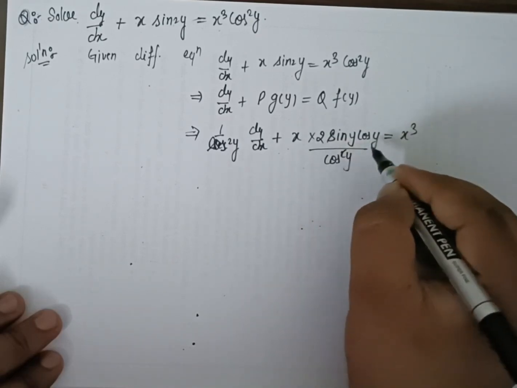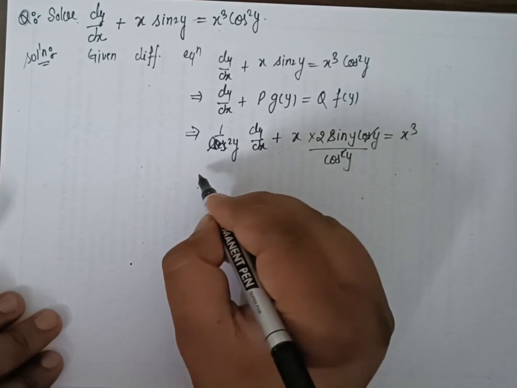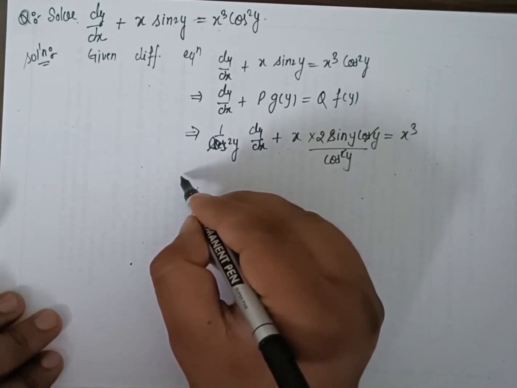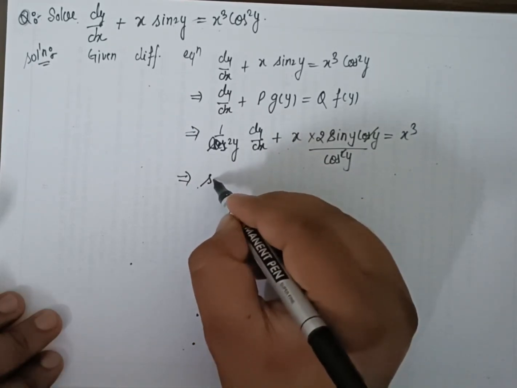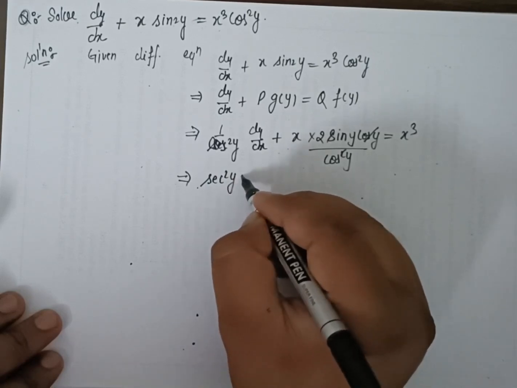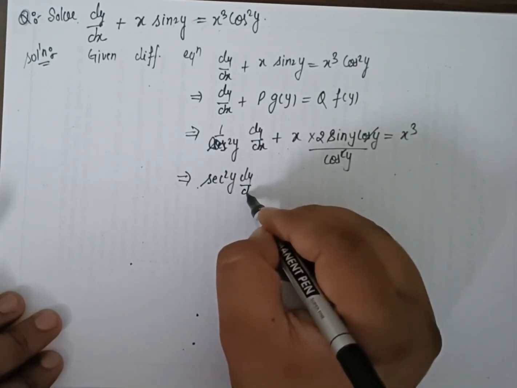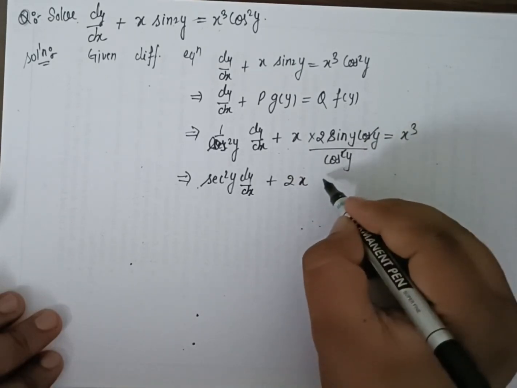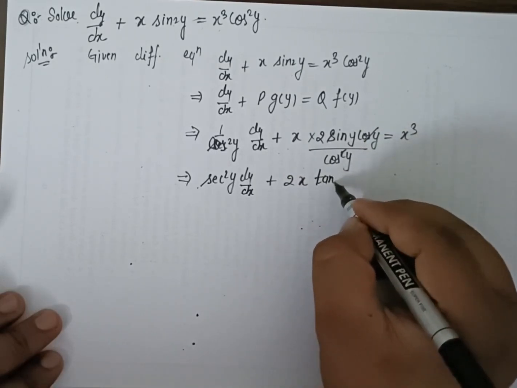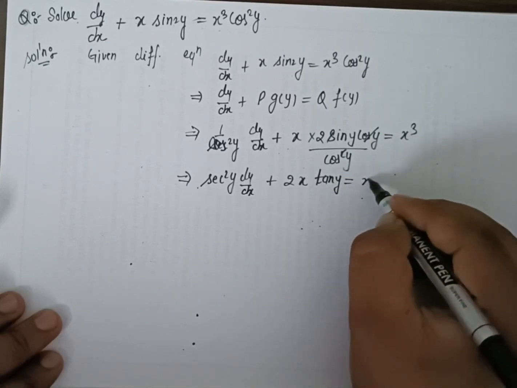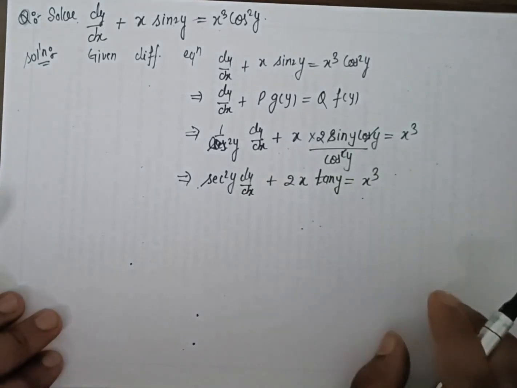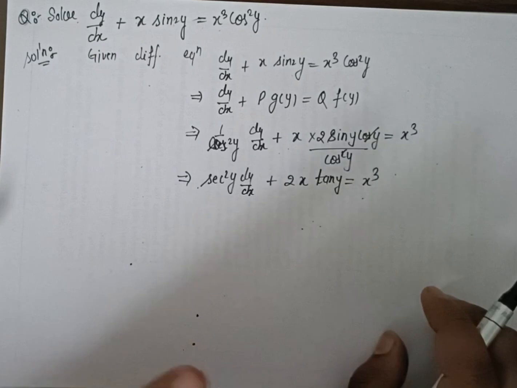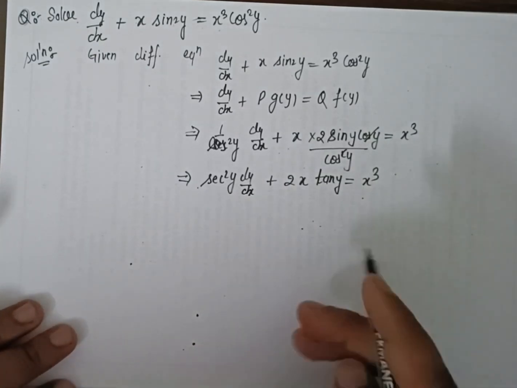So simply this square is cancelled out, and you can write it as sec²y dy/dx, and then plus 2x sin y upon cos y, that is tan y, is equal to x³. So we have this form of the differential equation.